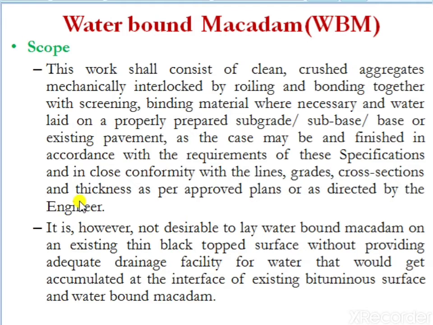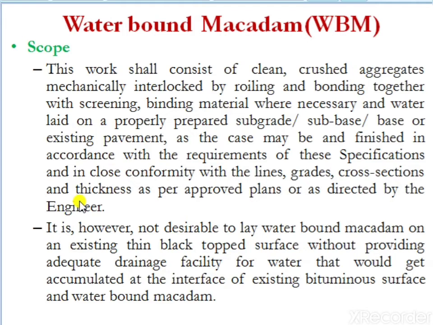That means we cannot construct a waterbound macadam road over an already existing road, because if we construct a waterbound macadam road over an already existing road or over a bituminous road, then there may be a problem for draining of water which percolates from the top surface of the waterbound macadam road.